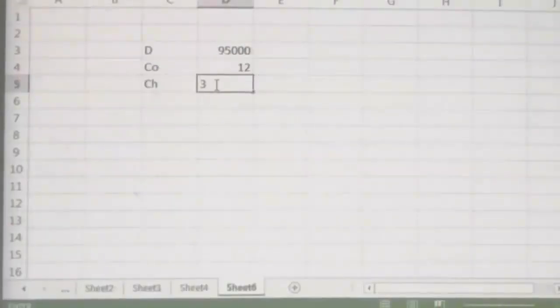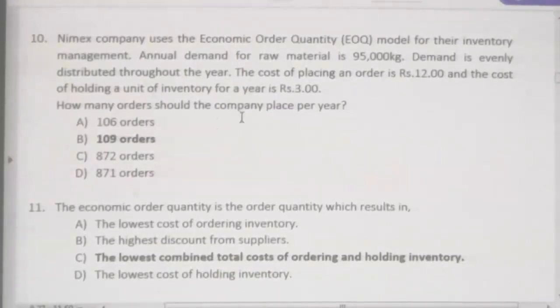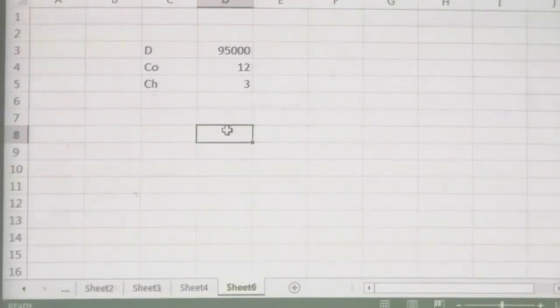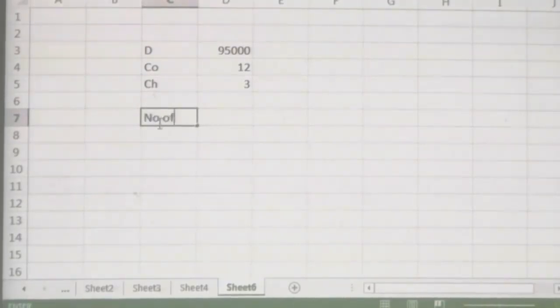Now they are asking how many orders the company should place per year. The number of orders will depend on how much you order at once. You need to calculate the number of orders, which depends on the total demand divided by EOQ.